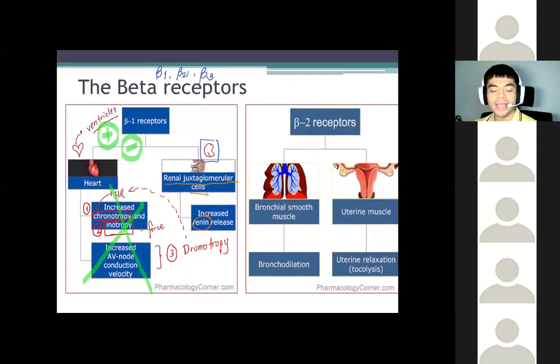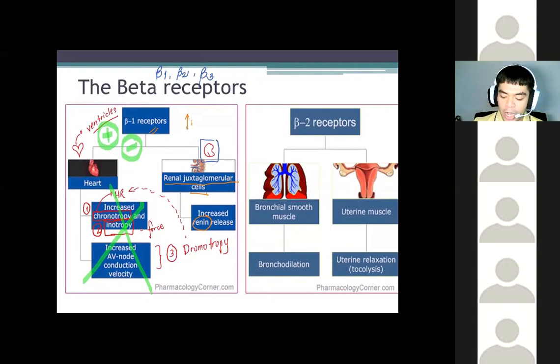Now, marami tayong possible triggers para maglabas ng renin ang juxtaglomerular cells. At isa doon ang beta-1 activation. So through beta-1 activation, renin will be released.